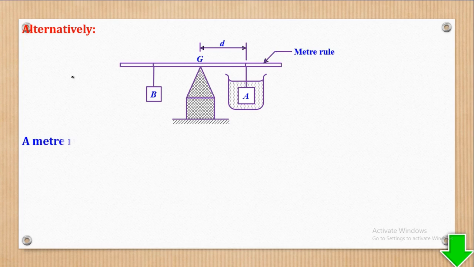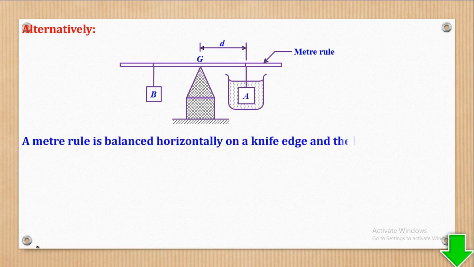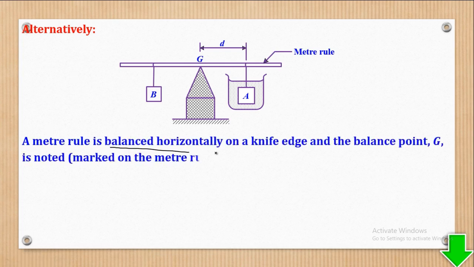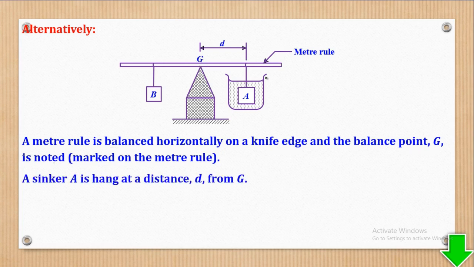In this alternative, we shall say that a meter rule is balanced horizontally on a knife edge, and the balance point G is noted. So this is the balance point. Then a sinker A, which is this, is hung at a distance D from G. So without the liquid, you just put a sinker A and hang it at a distance D from G.